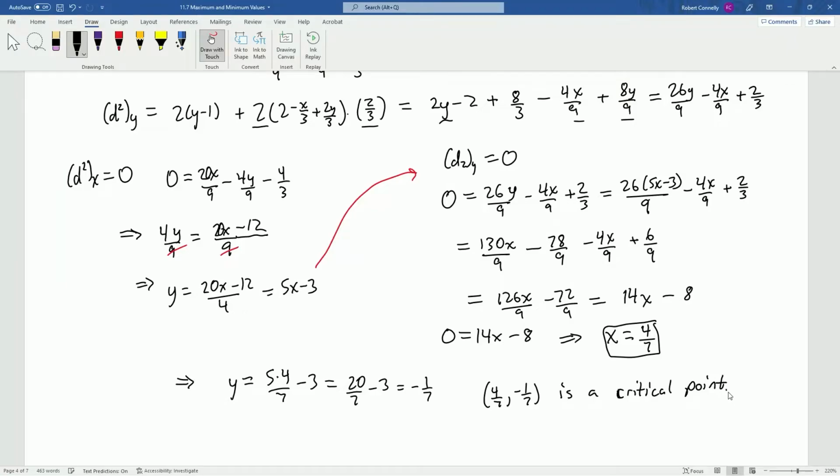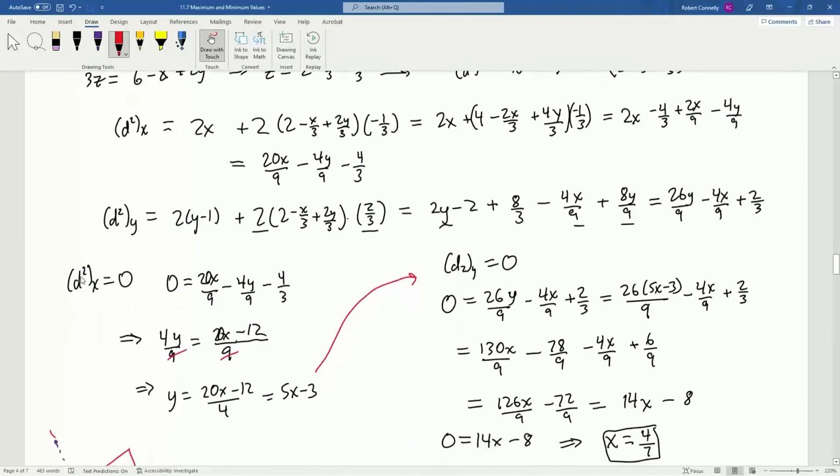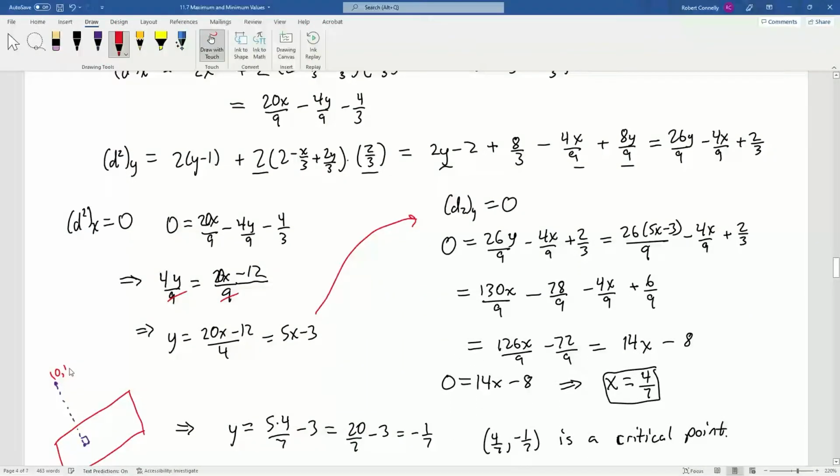Now, we might be tempted to apply our second derivative test here, but this is a perfect example of a problem where that's not necessary. Because if we think about the problem, we're trying to find the point on the plane corresponding to the shortest distance. But we know that that's always the perpendicular distance, and any other distance from this point, which, what was the point we were given? 0, 1, 1.